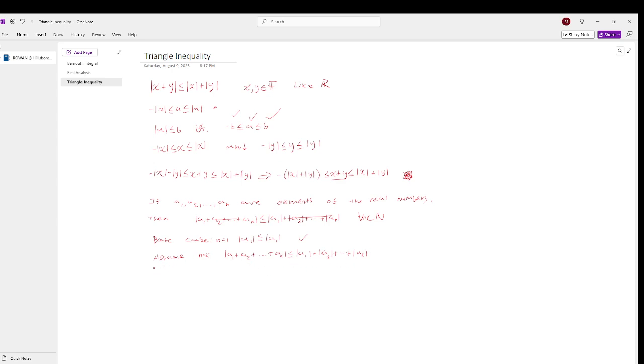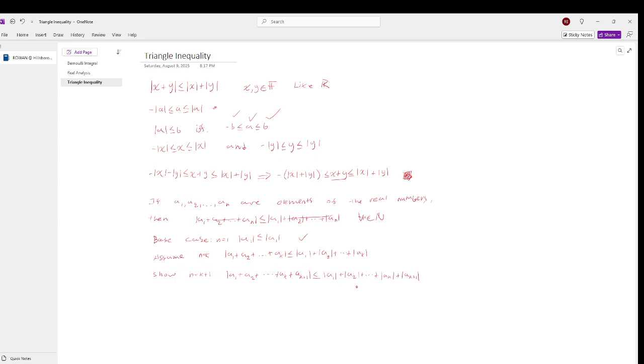And now what we're going to do is show n equals k plus 1, which is the absolute value of a1 plus a2 plus dot dot dot plus ak plus a sub k plus 1, is less than or equal to the absolute value of a1 plus the absolute value of a2 plus dot dot dot plus the absolute value of ak plus the absolute value of a sub k plus 1. Boom. Sorry, I know this is quite a bit of writing.